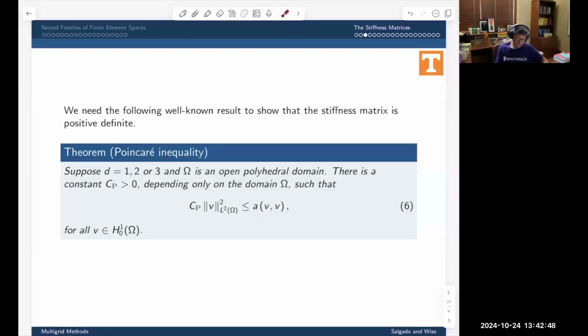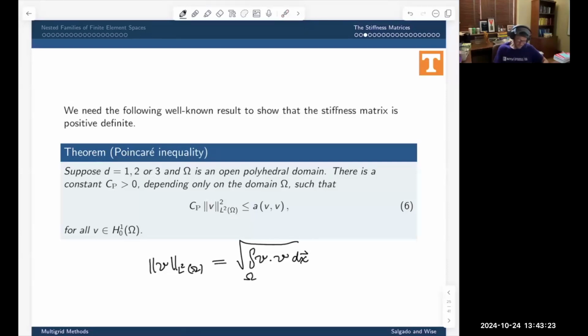Okay, so this is just the usual L2 norm over omega. We're going to square that. Just in case you've forgotten, if I want to compute the L2 norm of a function, that's the square root of the integral over omega of V times itself, not the dot product here, but just V times itself, or in other words, V squared.